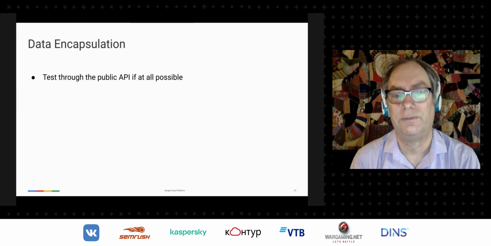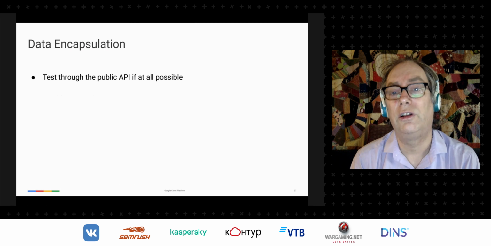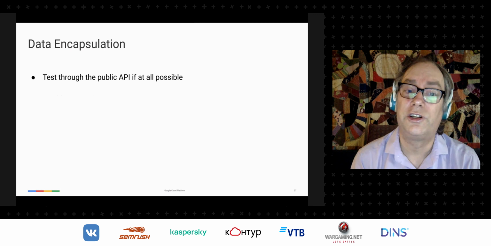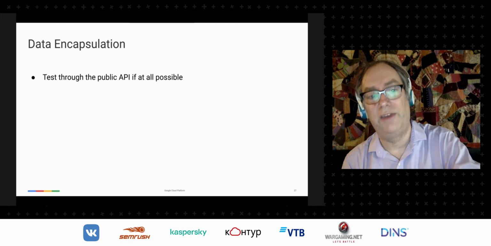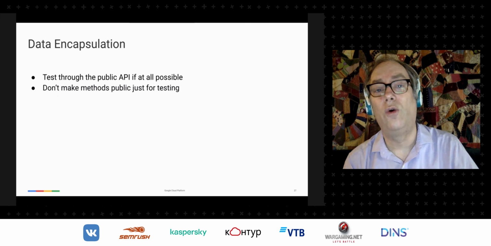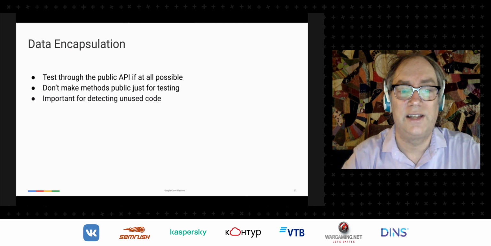This will make your tests a lot less fragile and a lot less brittle. One common complaint about tests is that it makes evolving code too hard because the tests are too coupled to internal implementation. And the solution to that is don't couple them to the internal implementation, couple them to the public API that you're willing to commit to, if you possibly can. Don't make methods public or non-private just for the purposes of testing.